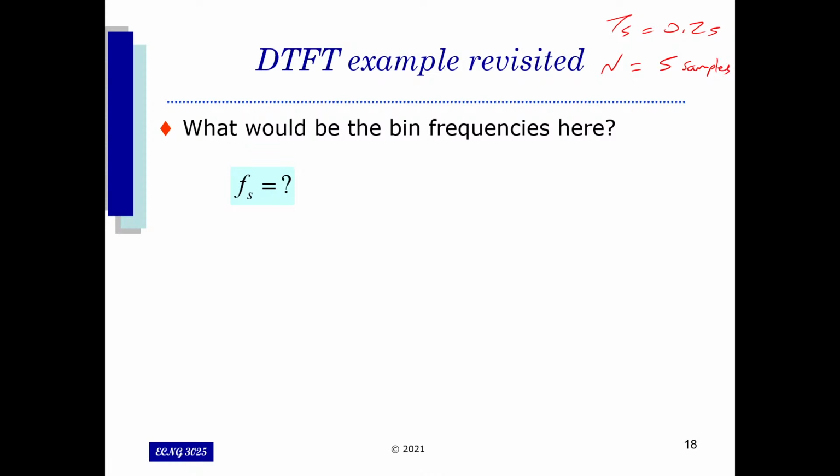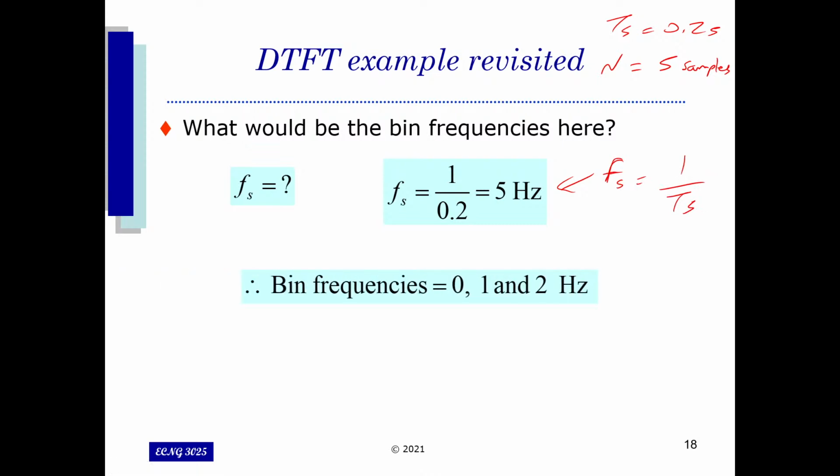So when we apply our equation here, f_s equals 1 divided by 0.2 equals 5 Hz, this is basically just saying the same thing here as f_s is equal to 1 divided by T_s to get our sampling frequency. And then the bin frequencies, because we know that basically they're going to be periodic about f_s divided by 2.